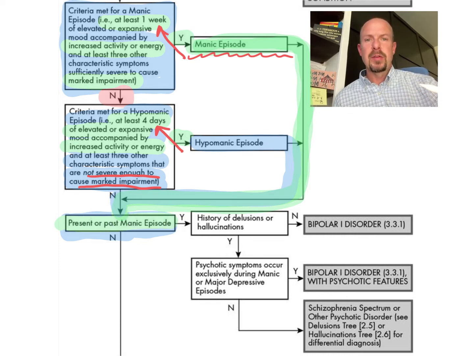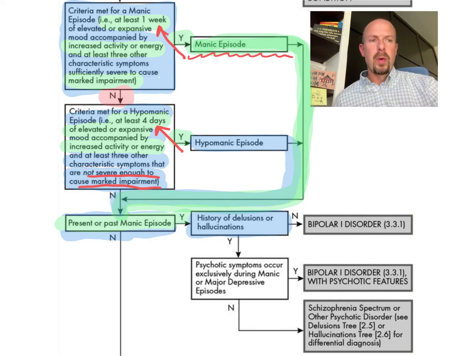And this is the big decision. If they have had a previous or current manic episode, and we answer yes, then we ask ourselves, is there a history of delusions or hallucinations? This is where things get a little bit tricky.